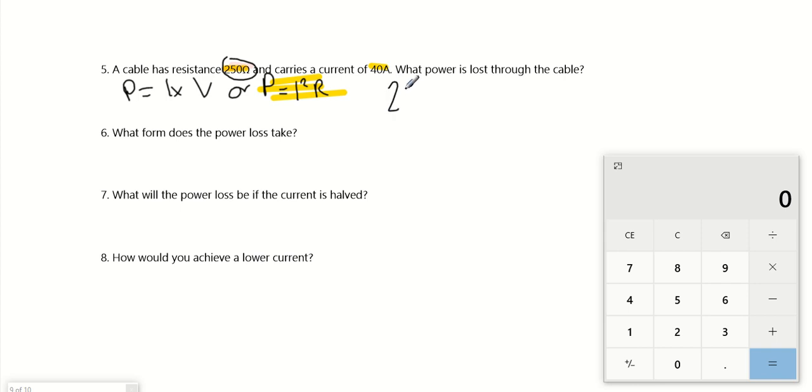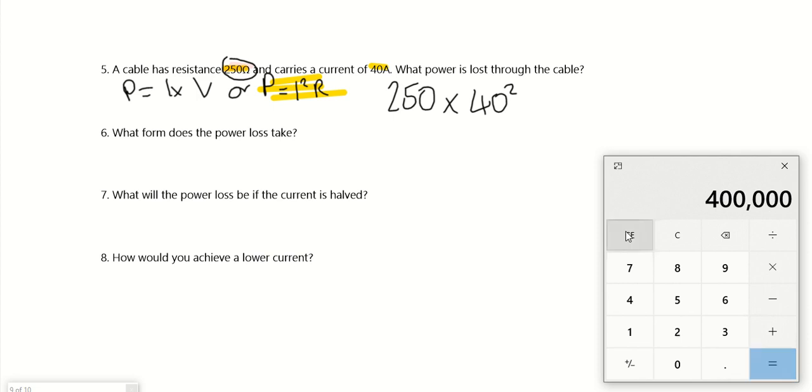We're going to do 250 times 40 squared. So 40 times 40 equals 1,600. Times that by 250 equals 400,000 volts.